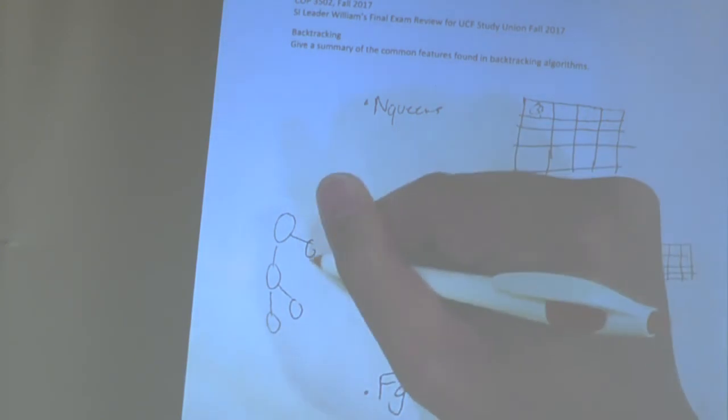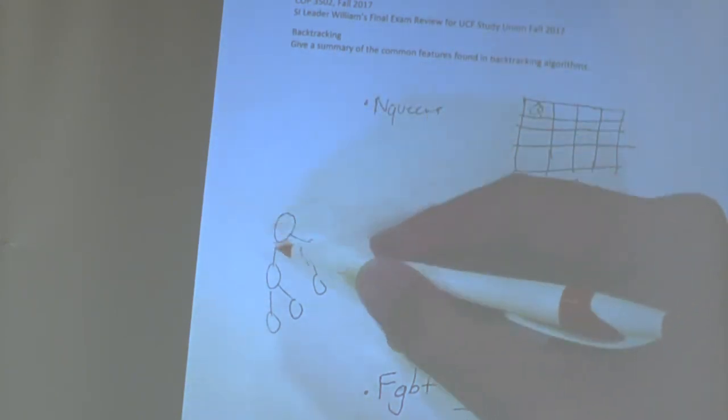So in a binary tree, let's say we have a tree here. If you want to print out all of these values in the tree, we can use a backtracking algorithm that goes to the leftmost, bottommost level and prints it off.